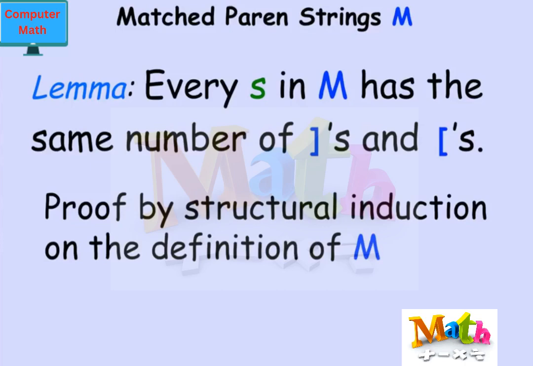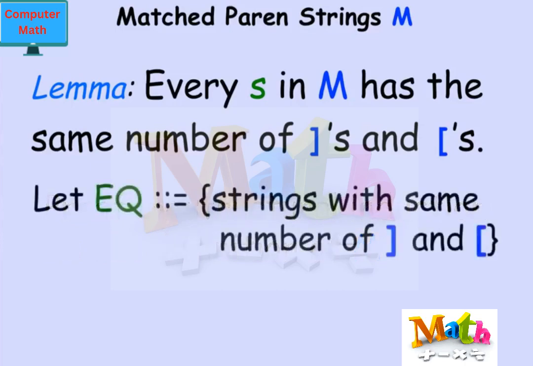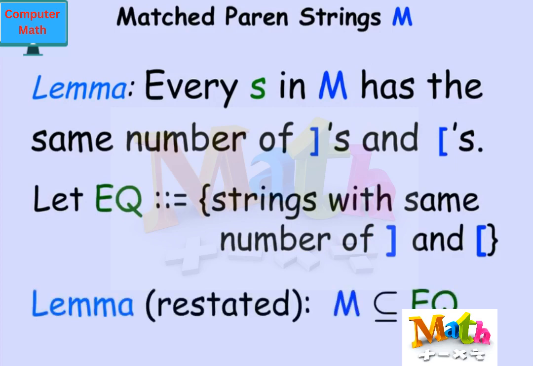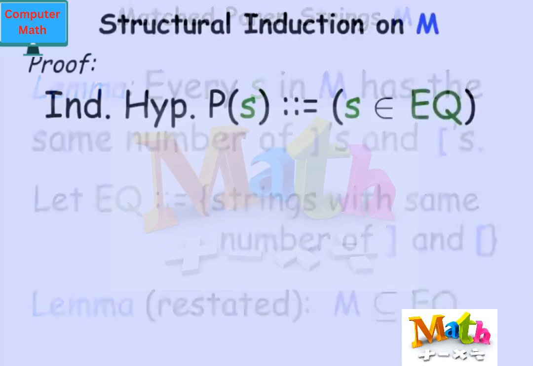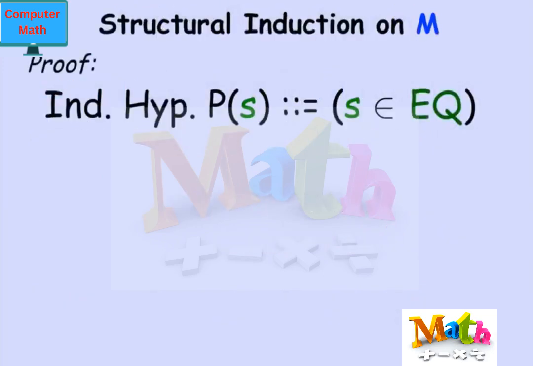All right, I can restate this by defining EQ to be the set of strings with the same number of right and left brackets. And what I'm really trying to say is that M is a subset of EQ. Now the way I'm going to prove this is by defining my induction hypothesis P of S to be that S is in EQ. That is, S has an equal number of left and right brackets.